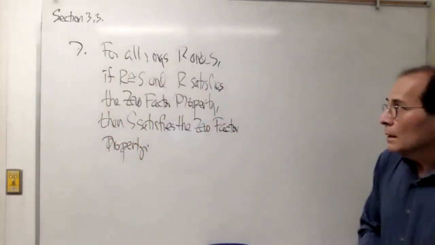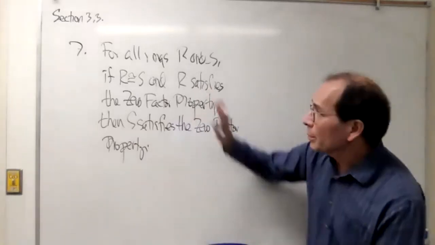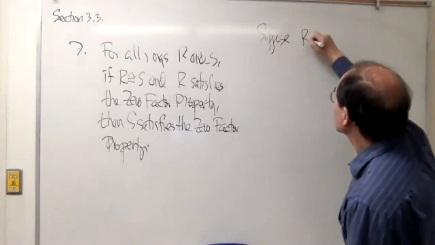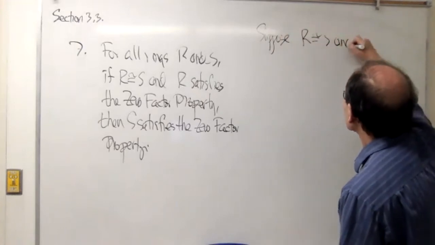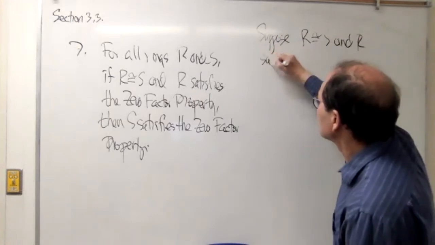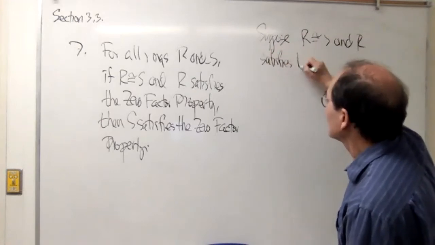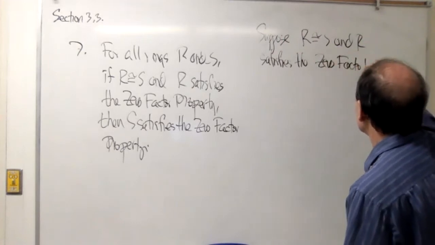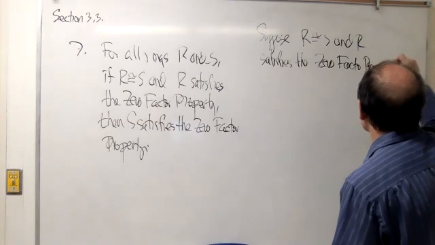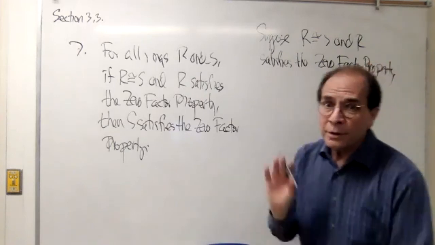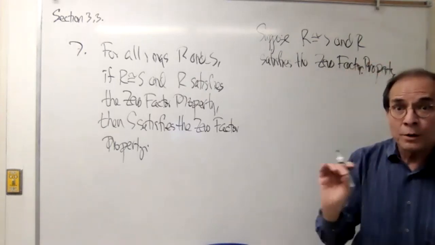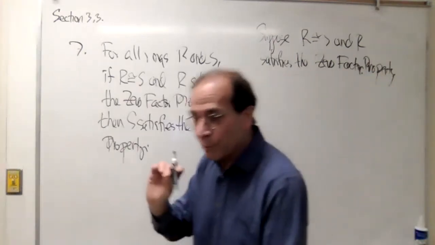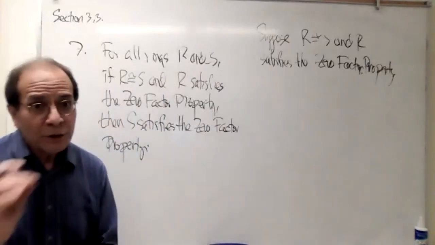So what we're going to do here is suppose our hypothesis. We're going to suppose that R is isomorphic to S and R satisfies the zero factor property. And again, I want to remind you that you need to get in the habit of writing out your hypotheses. Whenever you're proving something, you need to actually state what you're assuming.